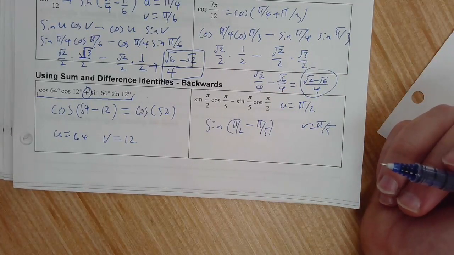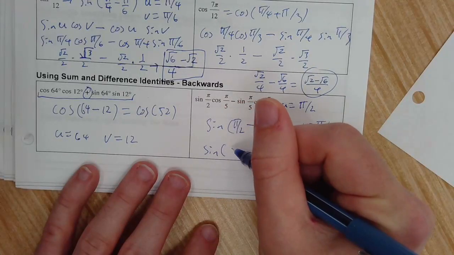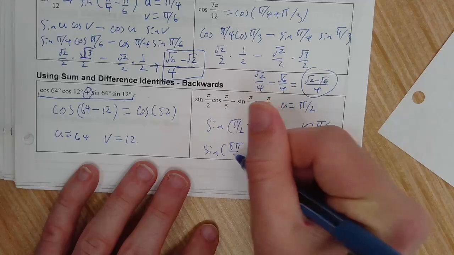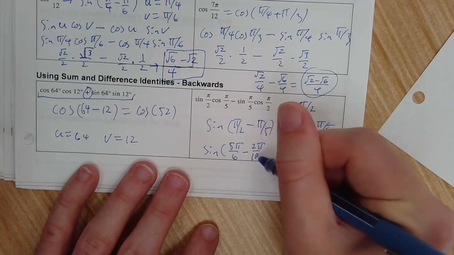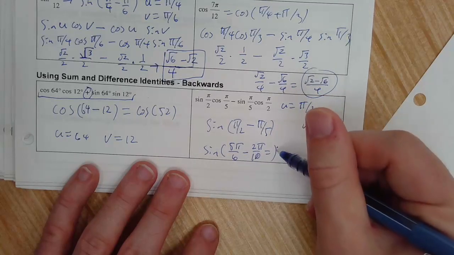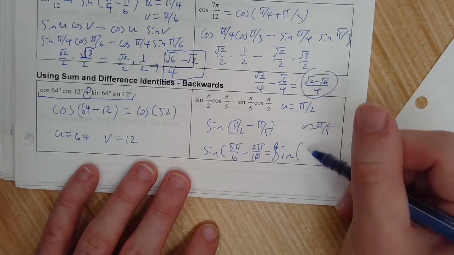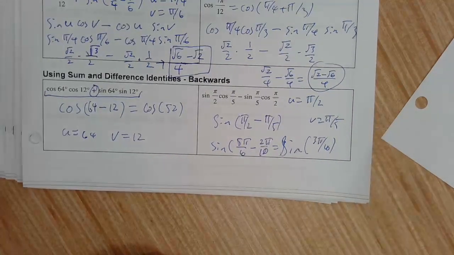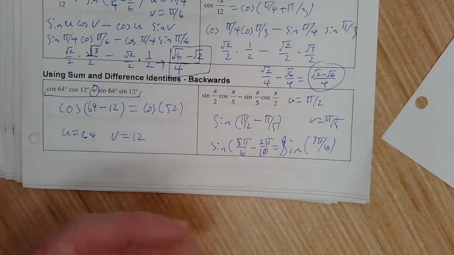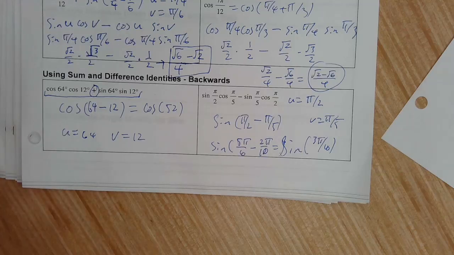So this is really sine of 5 pi over 10 minus 2 pi over 10, which is the same as sine 3 pi over 10. Okay, does that make sense? This is pretty straightforward, right? It's just identifying u and v, identifying the cosine and sine values, and then adding, subtracting and multiplying.